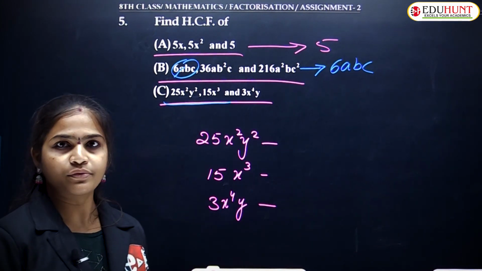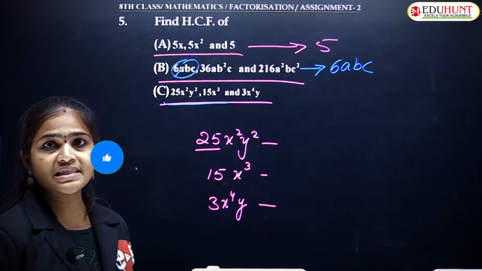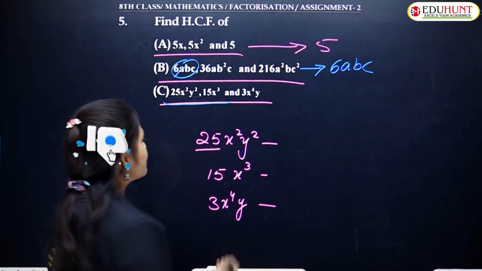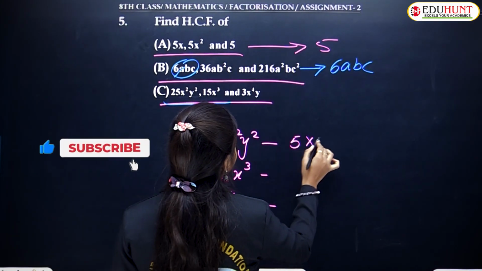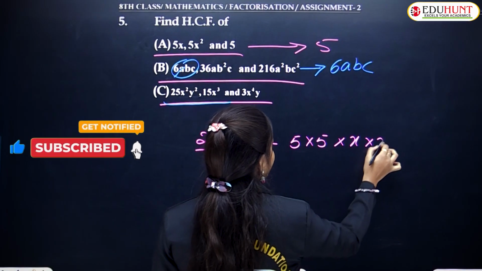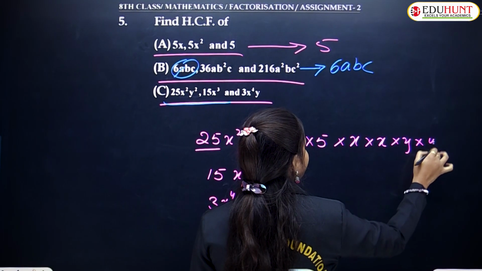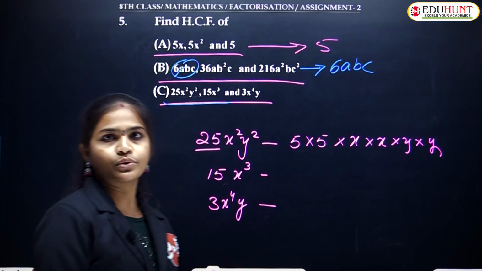From this one here 25 means 5 square. We can write this as 5 into 5, into x square. We can write it as x into x, into y square. We can write it as y into y.